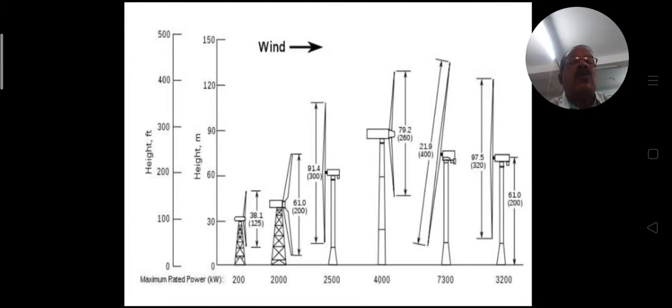One is the 200 meter head, and another one 2000, 2500, 4000, 7300, and here is a normal 3200, and height is 100 meters, 100 feet, and 200 feet, 300 feet, 400 feet, same like that height.